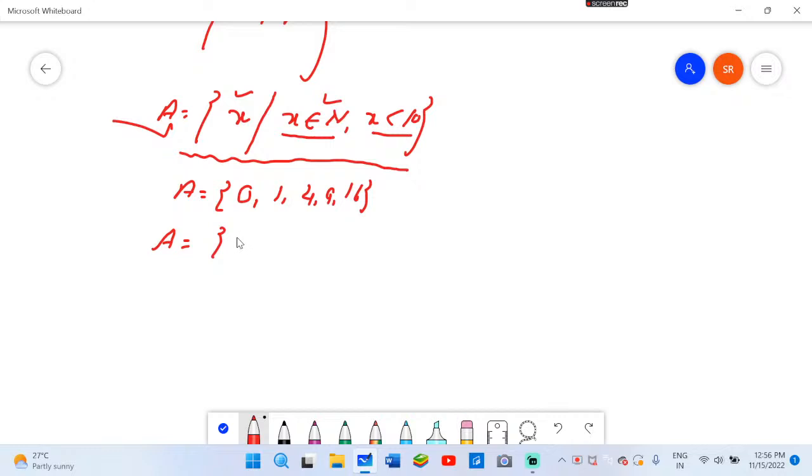Just by common sense, this is the square of an integer, such that x belongs to integers. And if I put a comma and write 3 dots, it means it continues. So this will be the set builder form.